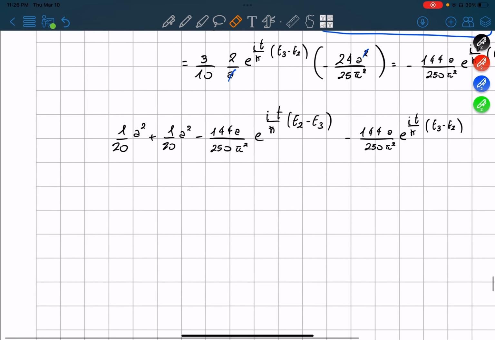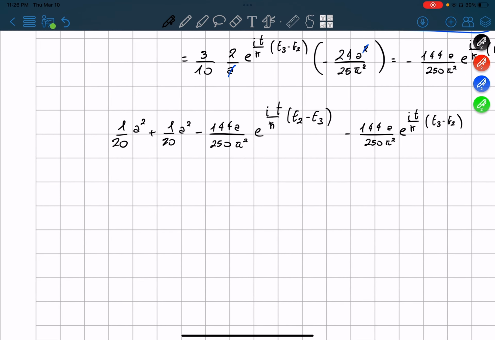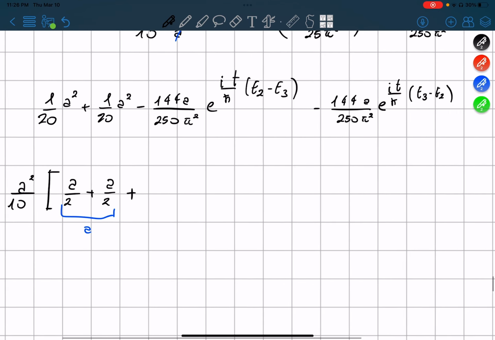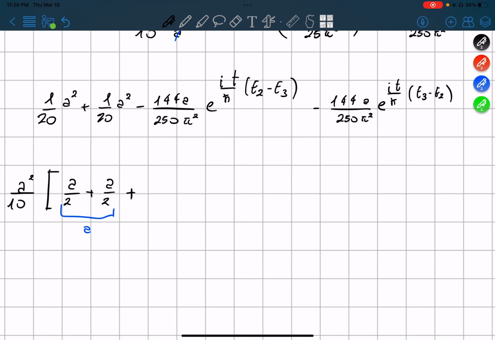Okay, so let me see if I can simplify something. Yeah, I can take out an a, and then a 10. That's what I get inside now. I get a over 2 plus a over 2, which becomes a, plus 144.